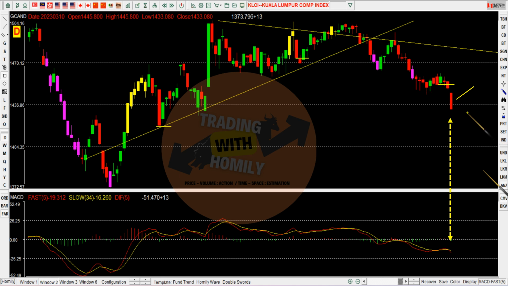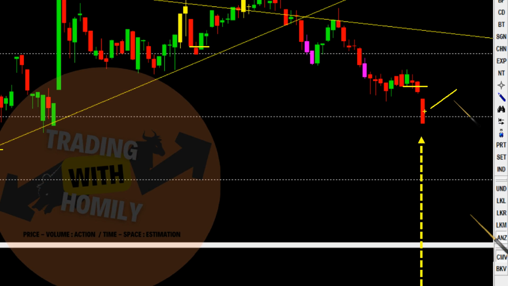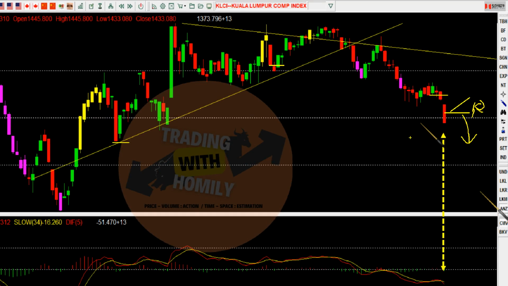For this, we can use half of the bearish candlestick as the resistance. Once the market rebounds and cannot break above this level, the price will hit a new low again.